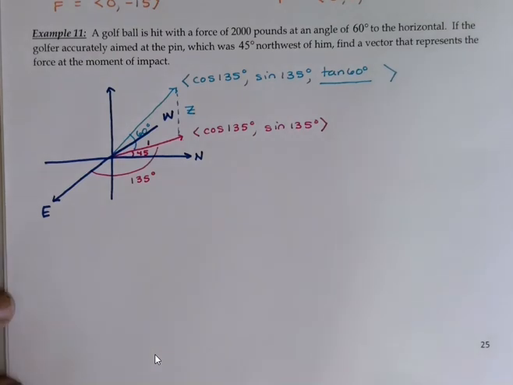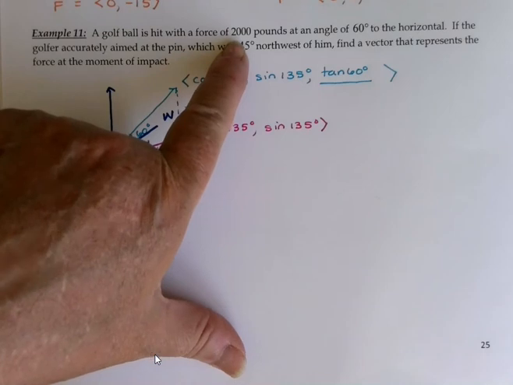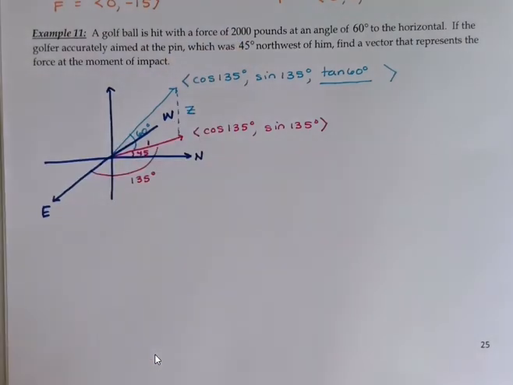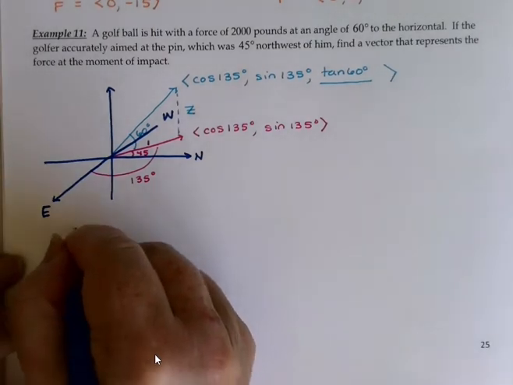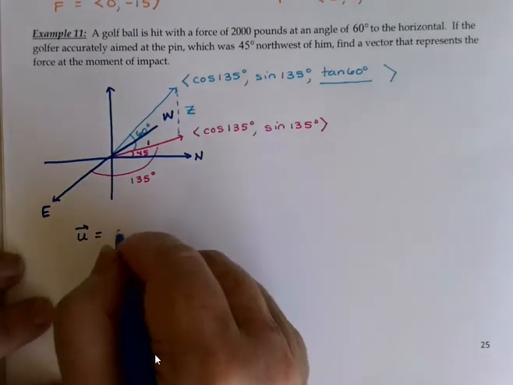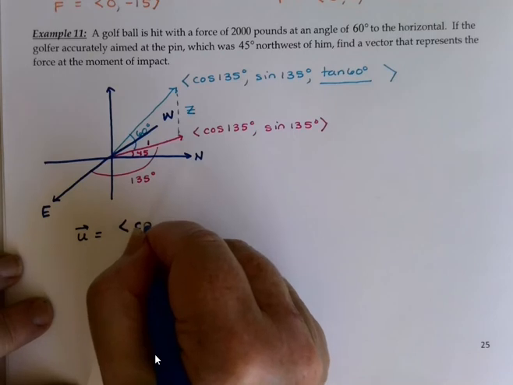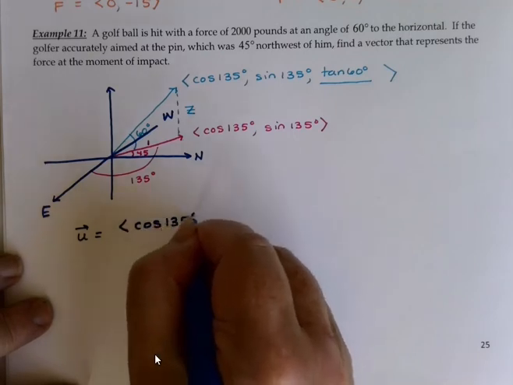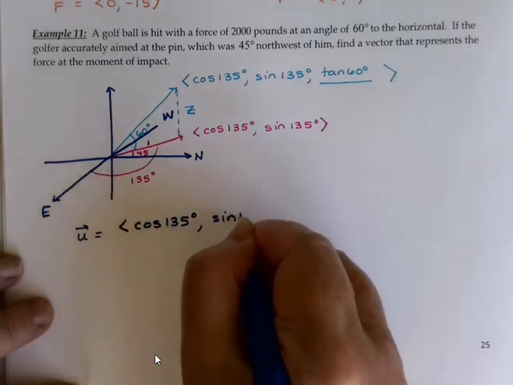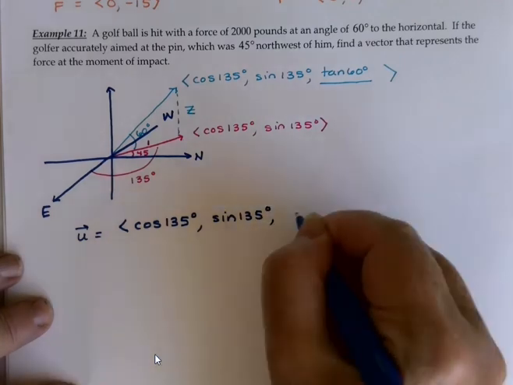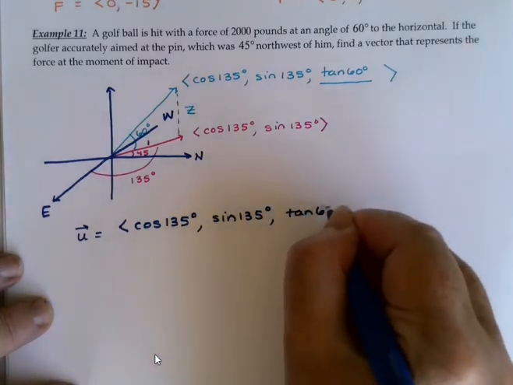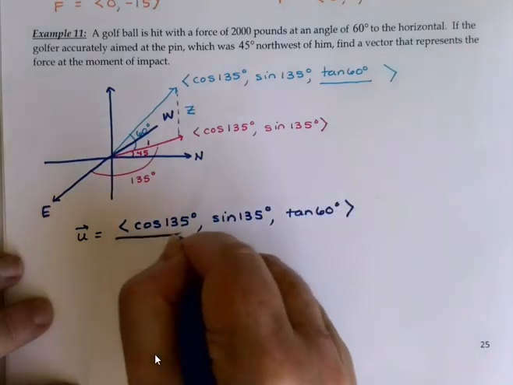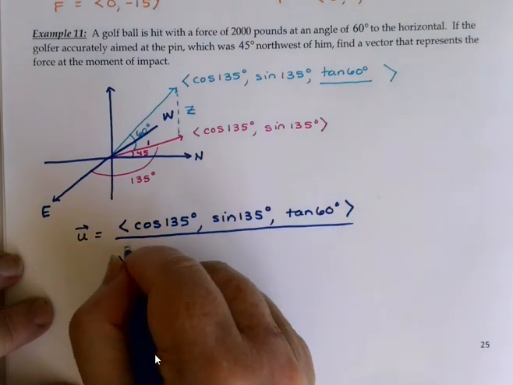Let's go ahead and get a unit vector in that direction, and then we can give it the appropriate magnitude by multiplying by 2,000. It is a pretty big multiplier, so I'm going to keep a lot of decimal places as I do this. So first of all, my unit vector is this direction vector that we found, divided by its magnitude.